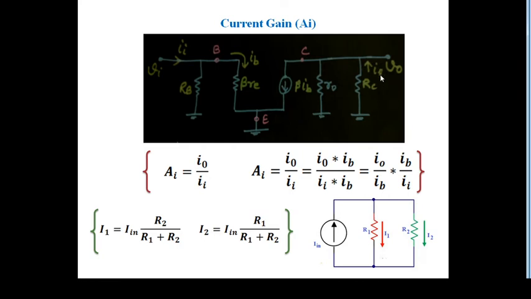Applying the current divider rule, this is the total current beta IB, and these are R naught and RC. So I naught is the total current beta IB into the opposite resistance, R naught, by R naught plus RC. Yes or no?